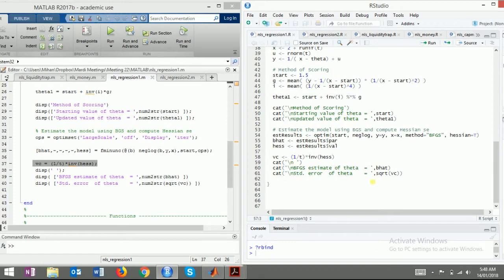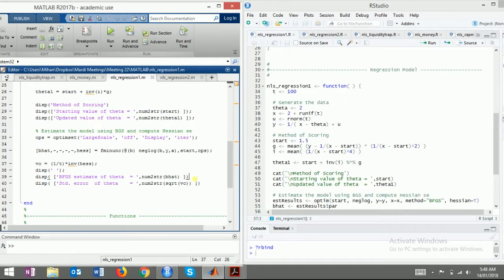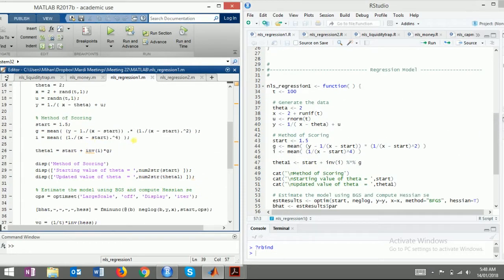That is all. So the little puzzle we had here was with the gradient, which is the mean of y minus x minus theta multiplied by y minus x minus theta, whole squared, because we did differentiation in the gradient.